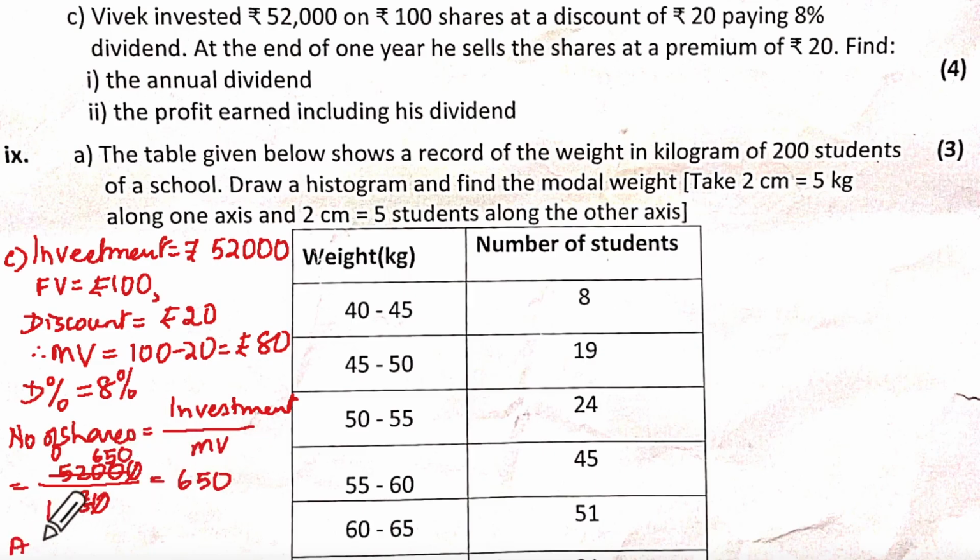Okay. Then you will say annual income. That will be D upon 100 into N into FV, the number of shares. Understanding? Yes, ma'am. Now they are saying annual dividend and profit earned including dividend.